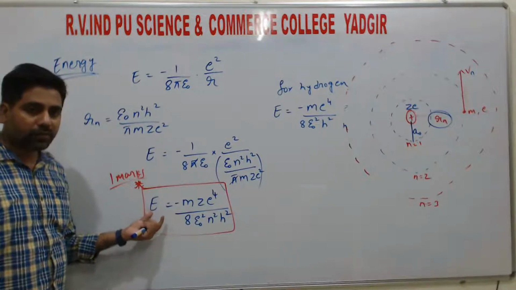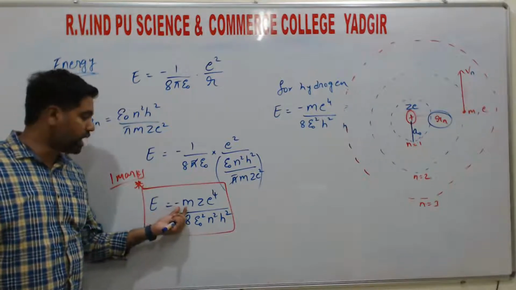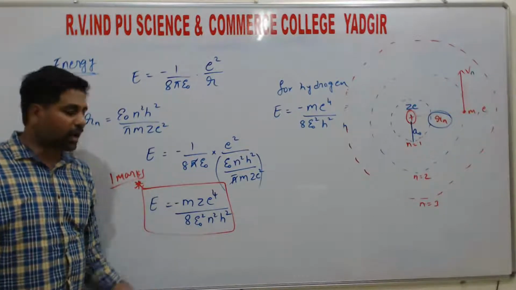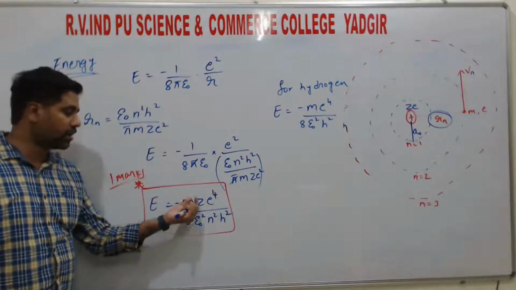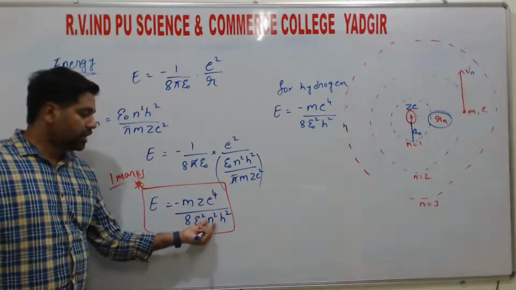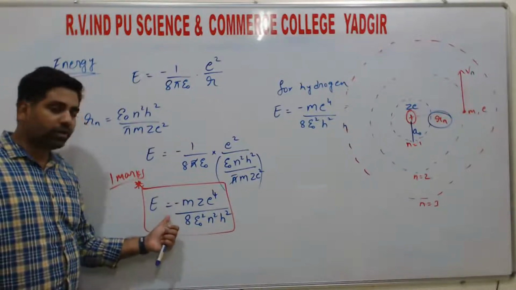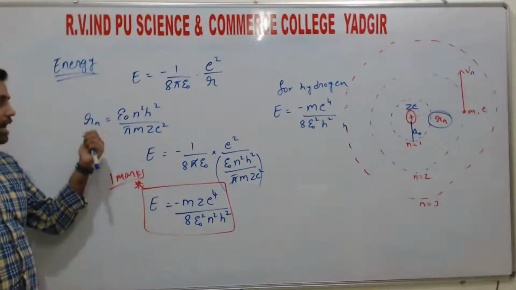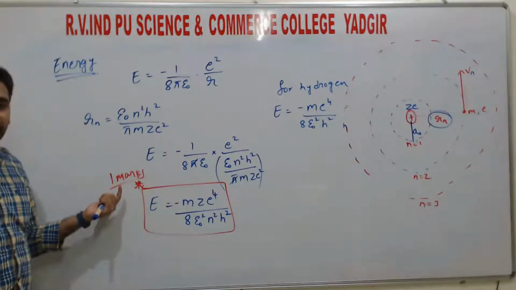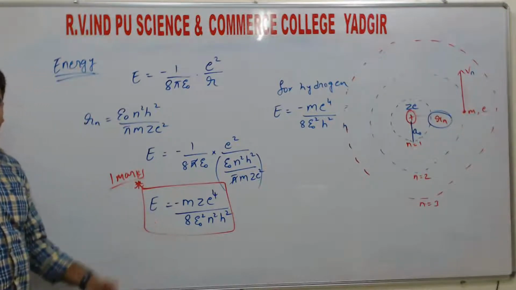If they ask for the energy of the atom using Bohr's postulate, we need to write E is equal to minus m z e to the power of 4 divided by 8 epsilon naught square n square h square, and explain what each term is: m is the mass of the electron, z is the atomic number of the atom, e is the charge of the electron, n is the orbit, and h is Planck's constant. We need to remember these relations, either velocity or radius, because they directly ask for 1 mark.